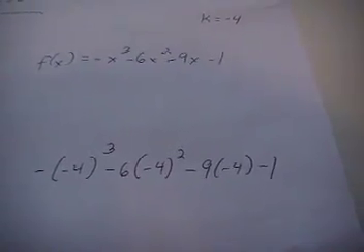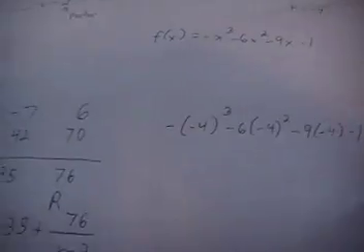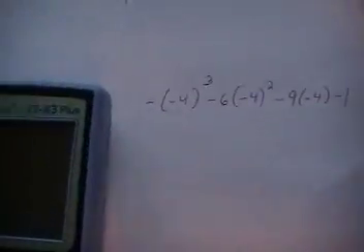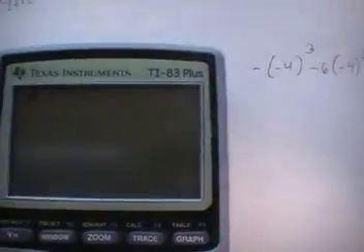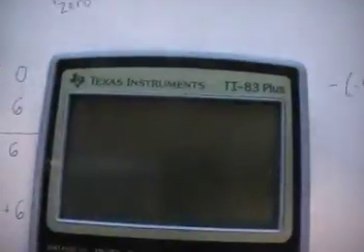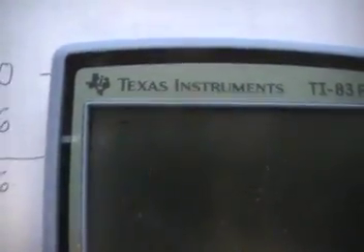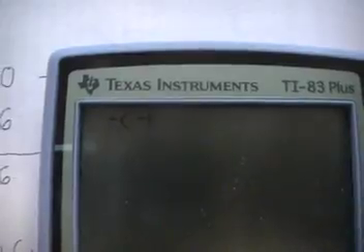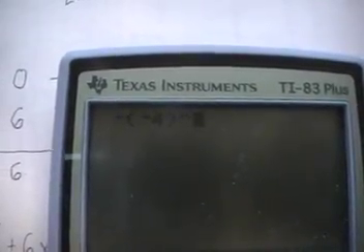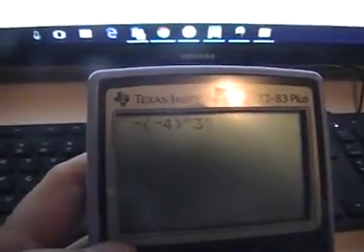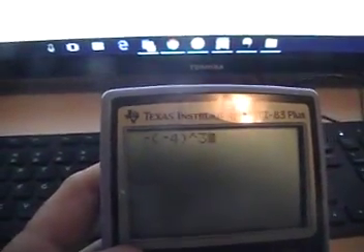And if you have a graphing calculator, this can be calculated really quickly. In a graphing calculator, I can just type this all in at once. So I'm going to type in negative, parenthesis negative 4, parenthesis raised to the 3rd power.